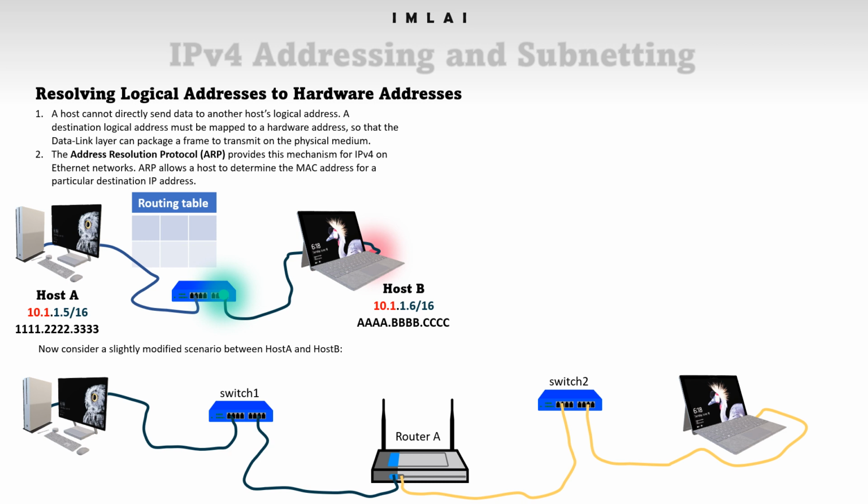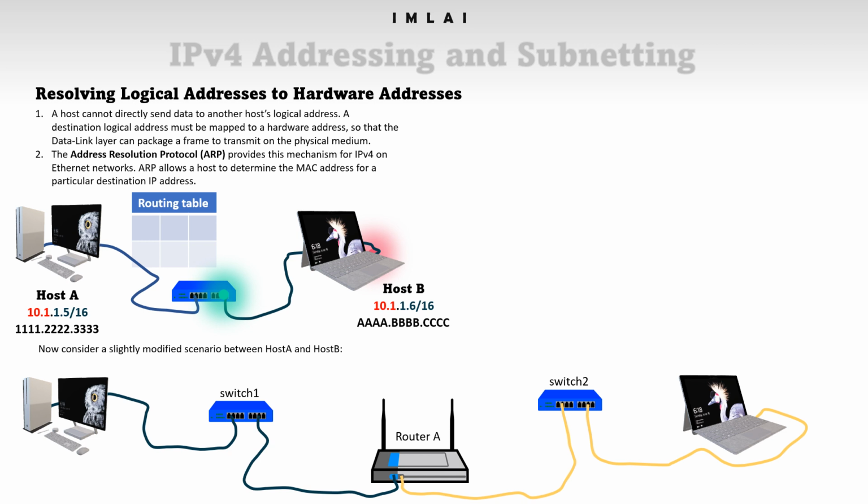In this example, 10.2.1.5 is not locally configured on host A. Here the network itself is different, so host A's IP is 10.1.1.5, whereas host B is 10.2.1.5.